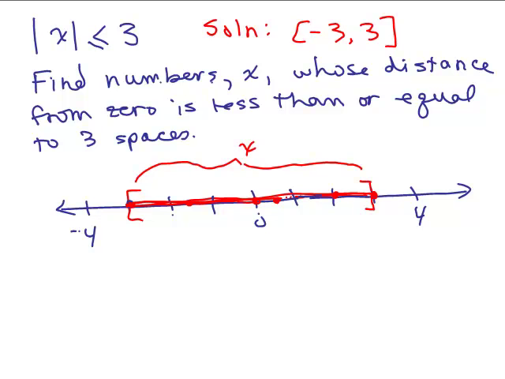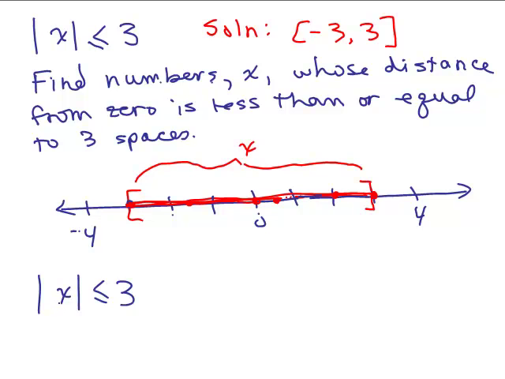Now, what's another way of thinking about this? Don't even think about the graph for a minute. What number could you put in for x, so when you take the absolute value, you'll get a number less than 3? Well, you could put 2 in, that'll work, right? You could put in -2, that'll work. You could put in 2.5, that'll work. You could put in -2.5.